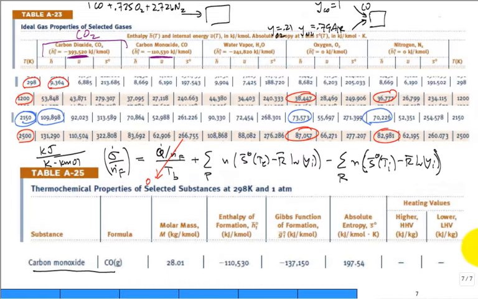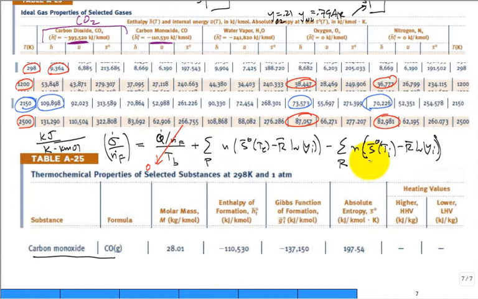Okay. So all of the information's here. We just have to get the absolute entropies of the incoming 298 for our fuel, carbon monoxide. Actually, that's also right up here, isn't it? Carbon monoxide at 298. That's the same number right there.